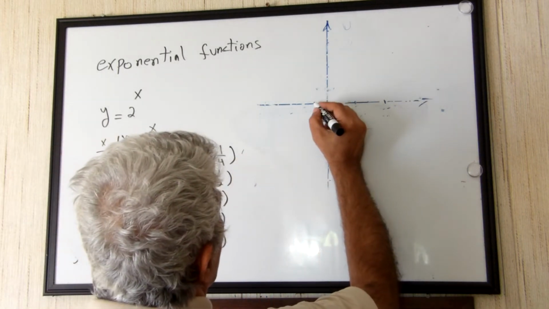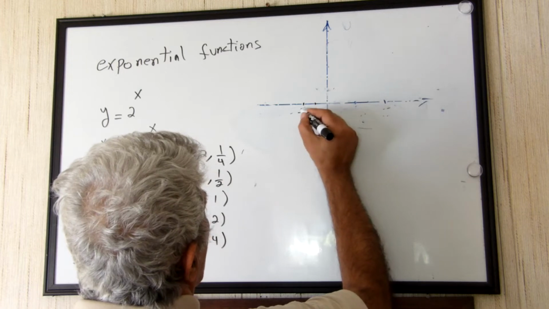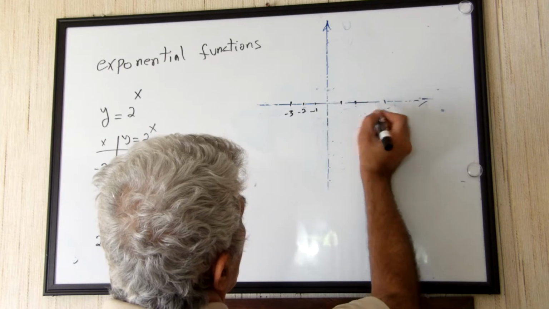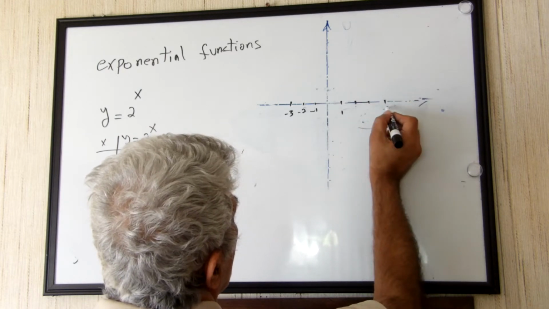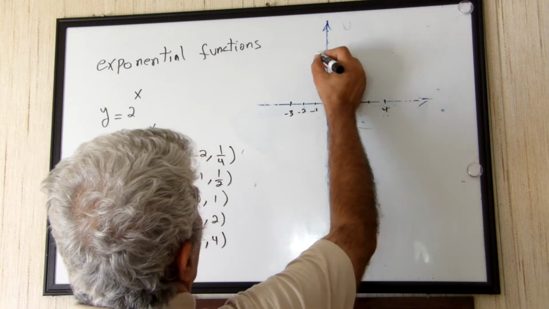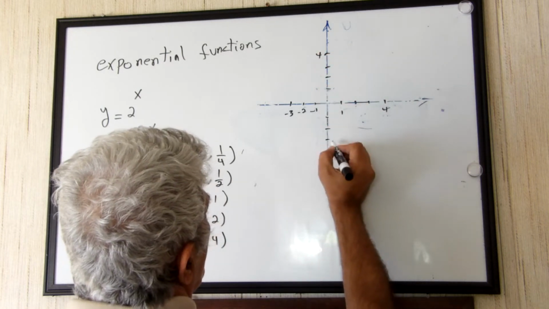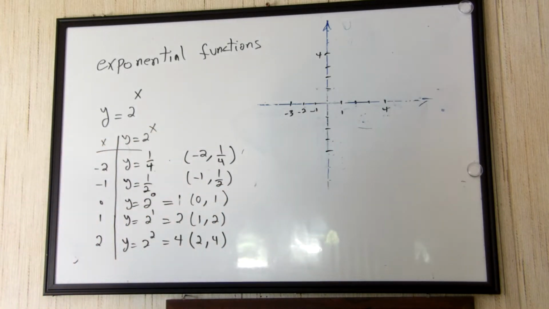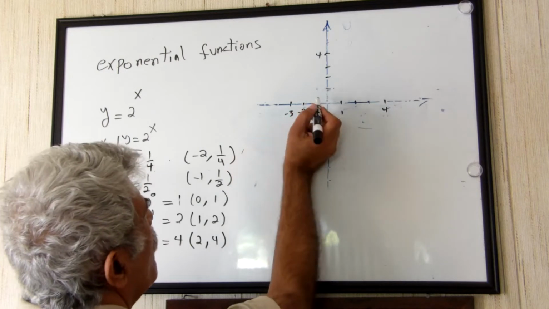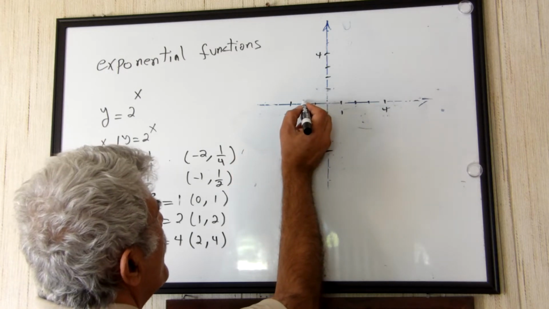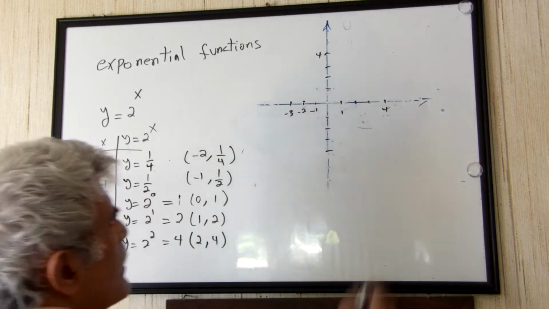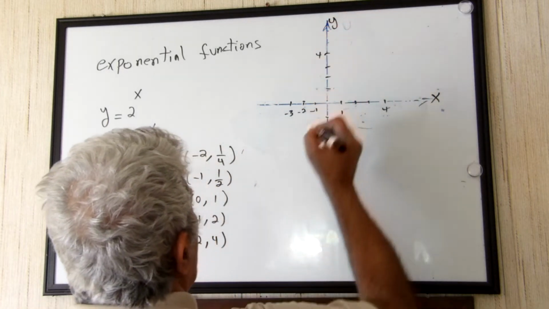This is -1, -2, -3, and so on, and this is 1, 2, 3, 4 on the axes. The point -2, 1/4 is going to be here, close to the x axis. This is the x axis, this is the y axis.